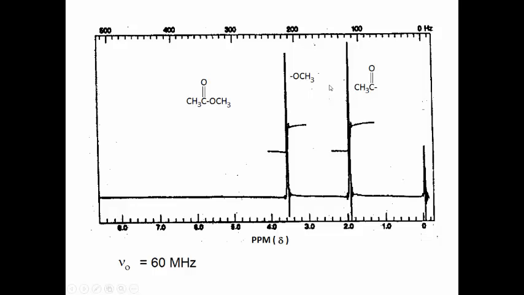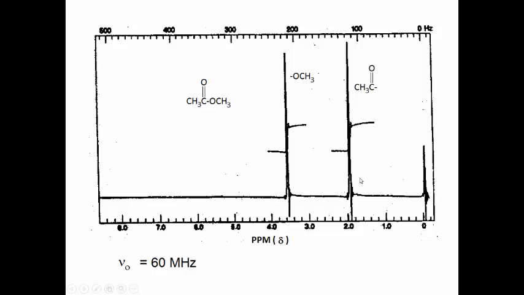And as a result, the methoxyl methyl occurs at a larger delta value. It occurs at about 3.6. The methyl bonded carbonyl group occurs at approximately 2 ppm.